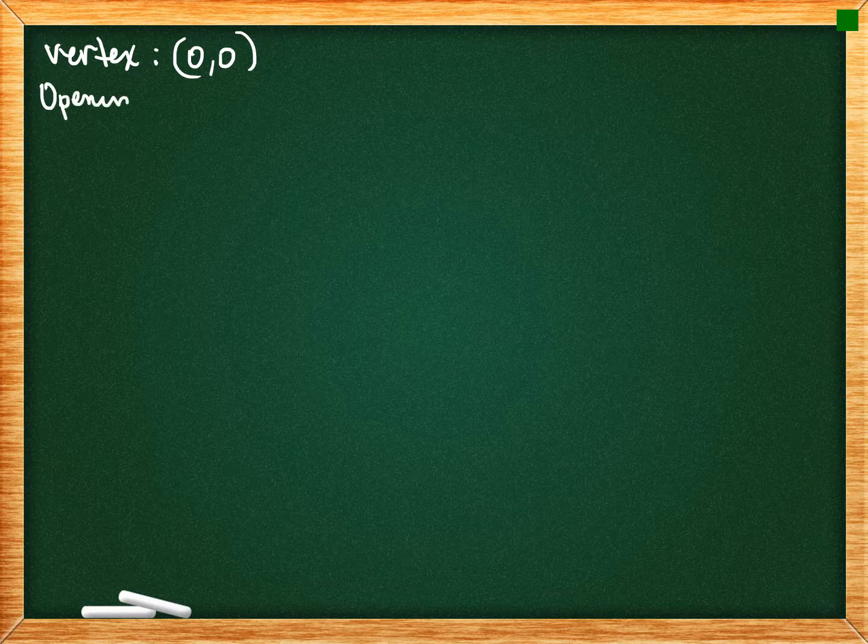All right, let's continue. So again, if the vertex is at the origin 0, 0, and the graph opening is upward, it means that your c is positive.